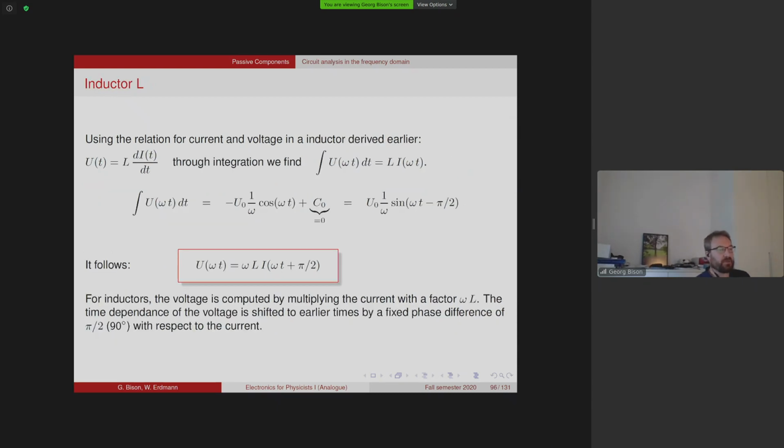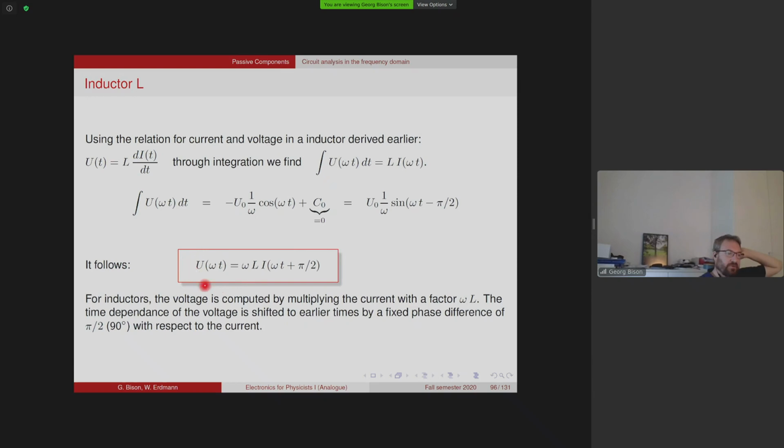Okay, now for the inductor, we can do the exact same thing. Now, of course, we use the defining equation of inductors. Here we have to integrate it. Again, by integrating the sine wave, we find a cosine plus an integration constant, but this we can set to 0. And so we find again the current voltage dependence.